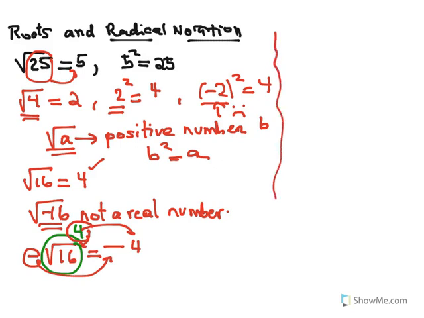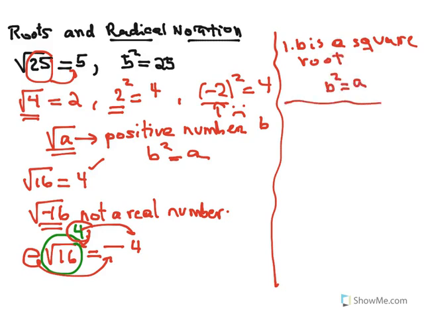Okay, so let's review the properties of the square root. So first of all, I'm going to say that b is a square root of a if the square of b is equal to a. Okay? Now, the second property that we just talked about is that the square root of a means the positive root.